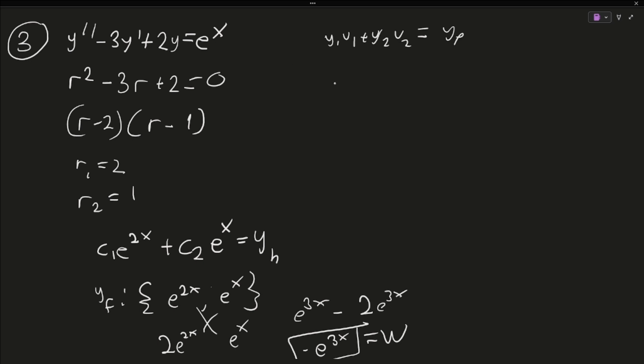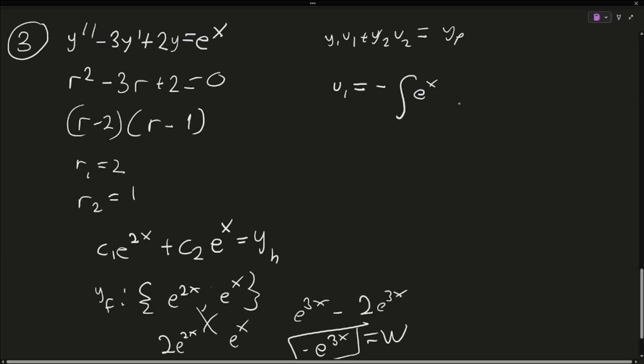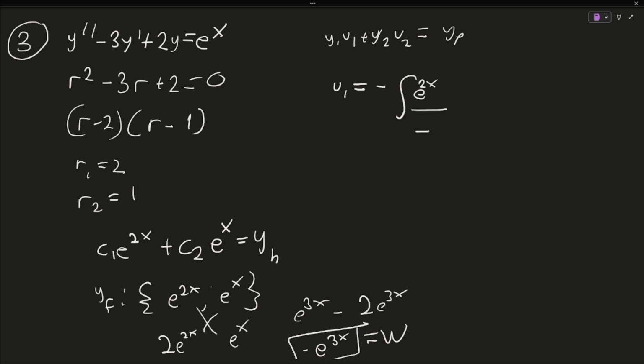So u1 is going to be the negative integral of the second solution, e to the x, multiplied with the non-homogeneous part. So we will have e to the x multiplied with e to the x, so it's just e to the 2x divided by negative e to the 3x dx.